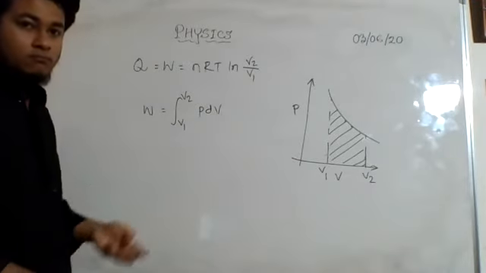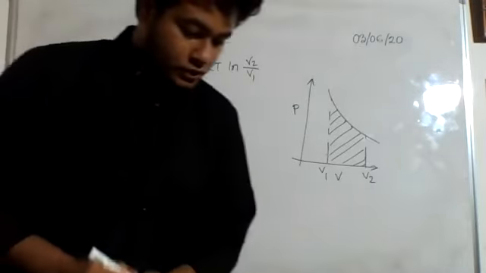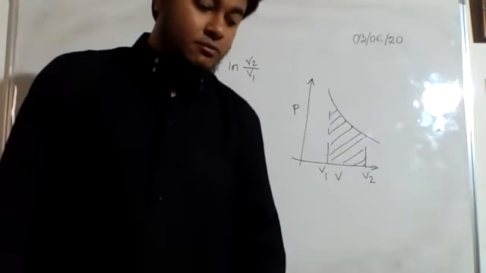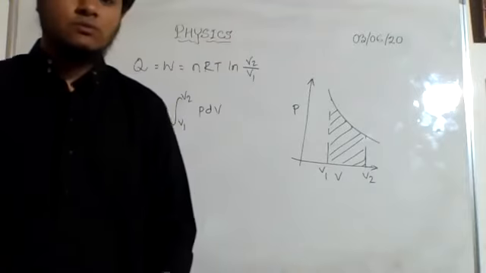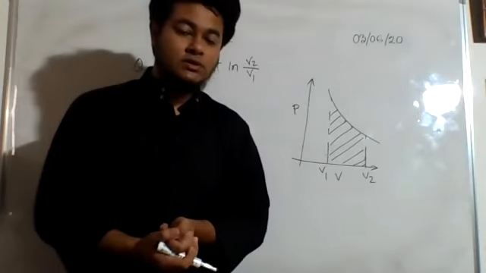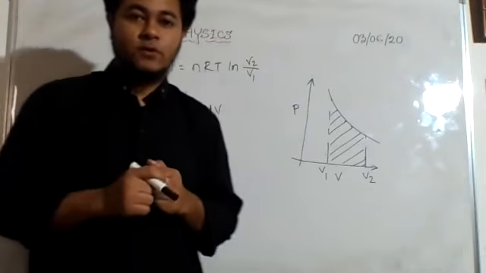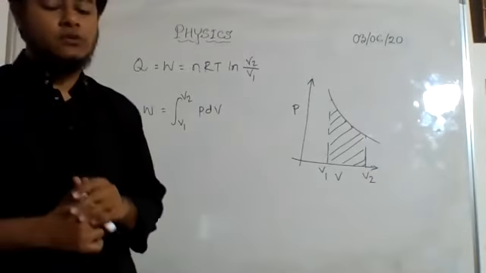Okay, so the next process that we have is the adiabatic process. Adiabatic process. Now in this process, what remains constant? The heat energy. Okay, no heat energy is supplied to the system.